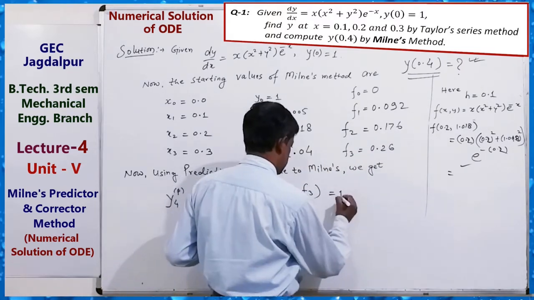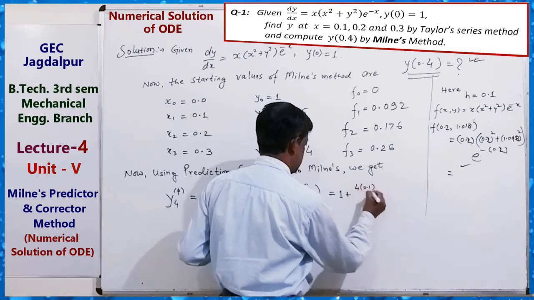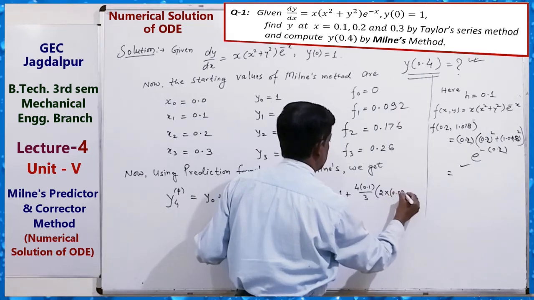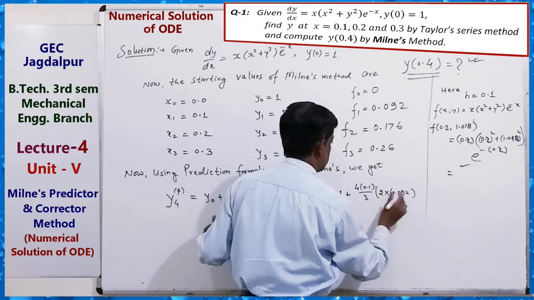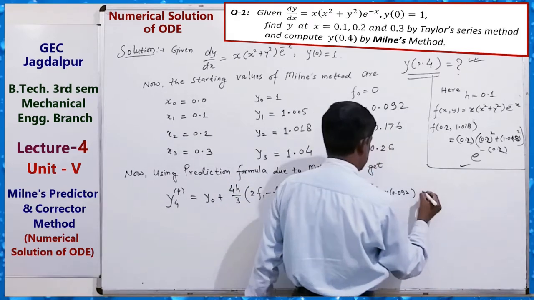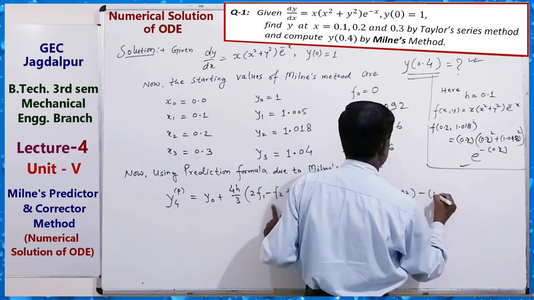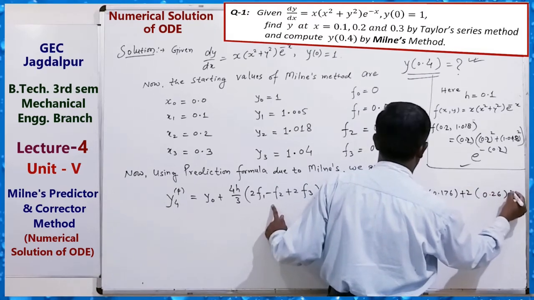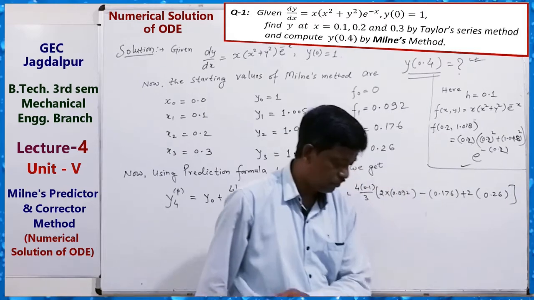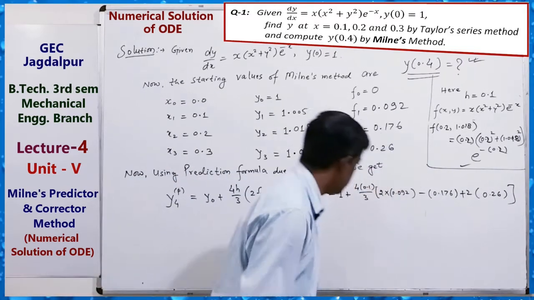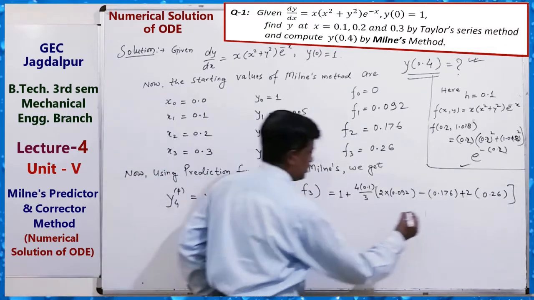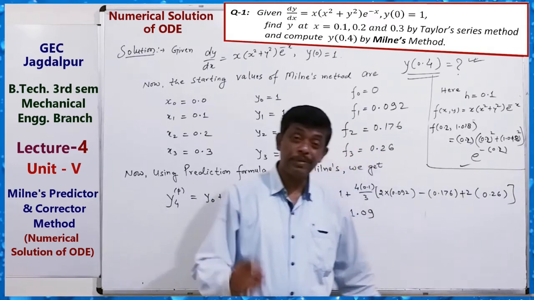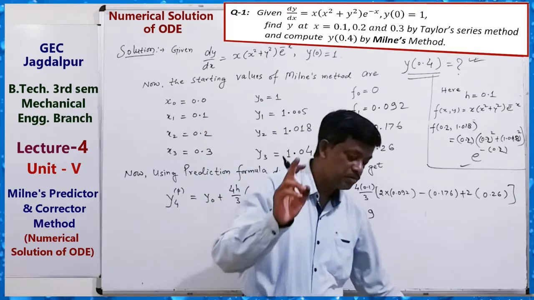So 1 plus 4 into 0.1 upon 3, times 2 into f1, 0.092, minus f2, which is 0.176, plus 2 into 0.26. Solving this gives 1.09. This is the prediction value of y4.